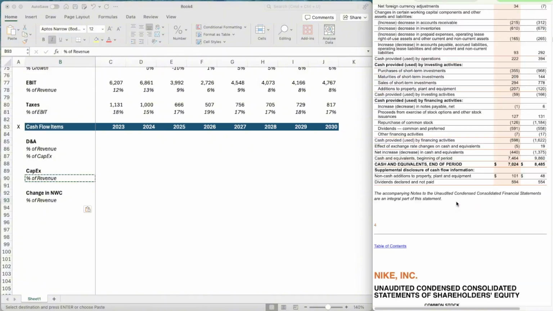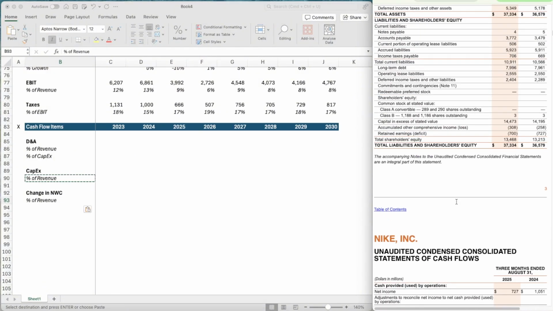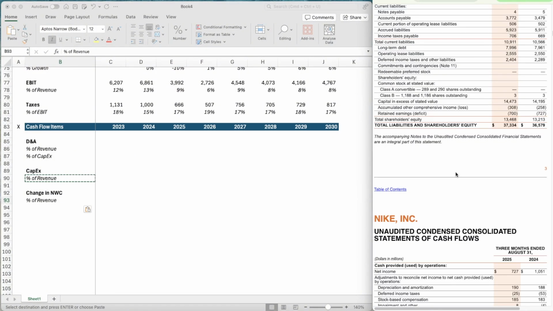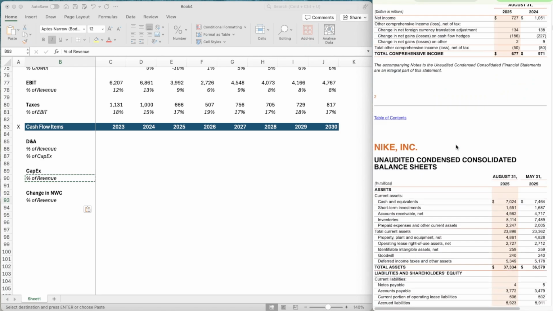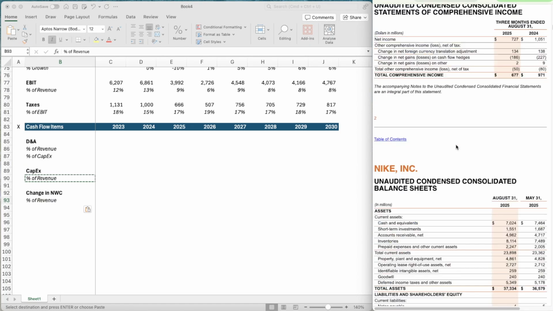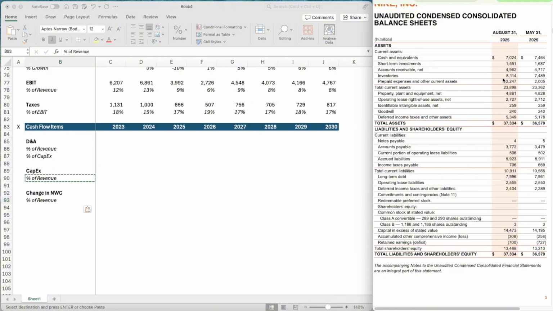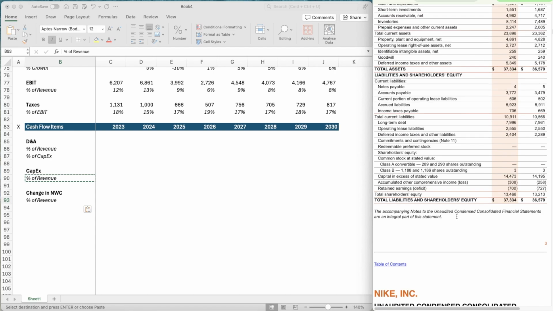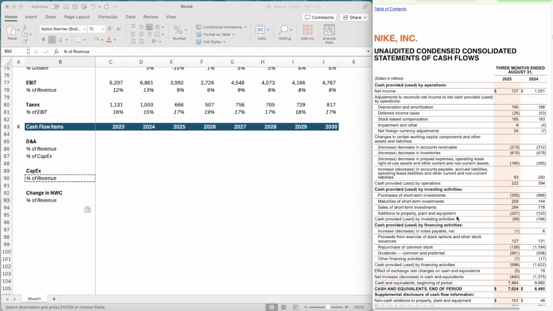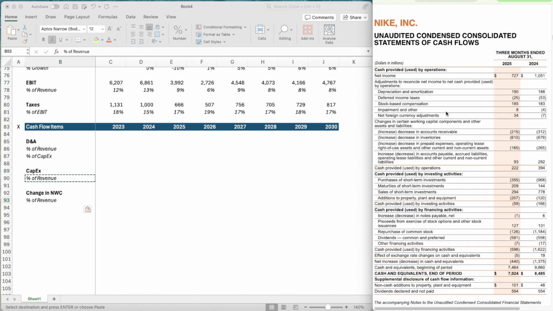So on the 10Q, here's your income statement up here, then you have your balance sheet. If you actually look, the inventory is increasing, which is usually not a good sign. So here we want depreciation and amortization, additions to plant, property, and equipment, and this is the change in net working capital. We do the sum of these.